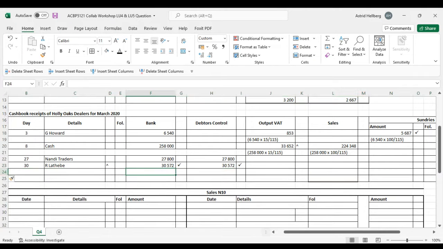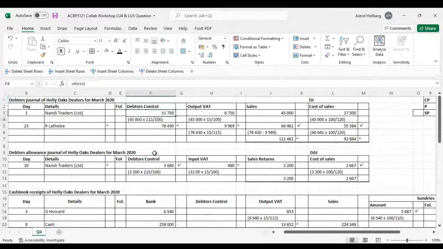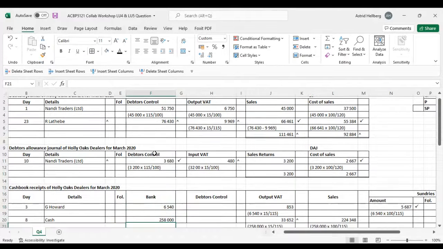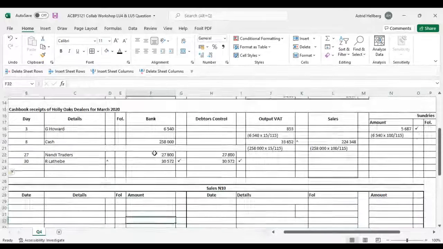Okay, and how you work it out, if you take the information, we go look at what they've purchased. So they've purchased 76,450. Okay.